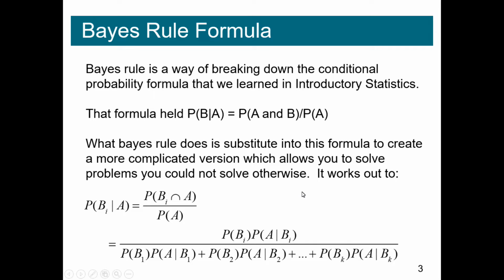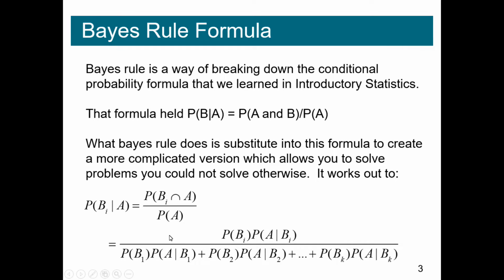In most of the Bayes' rule problems that I'm going to give you, there's only going to be two things to break it down into. But Bayes' rule doesn't limit it to that. Basically, the bottom tells you all the different ways that B could occur, either as B1, B2, B3, B4, up to what they call BK. Again, normally for the problems that I'm going to do for this level course, it's just going to be B1 and B2, two possible outcomes on the bottom, where you take the probability of that outcome occurring times the probability that A occurs when that outcome occurs.